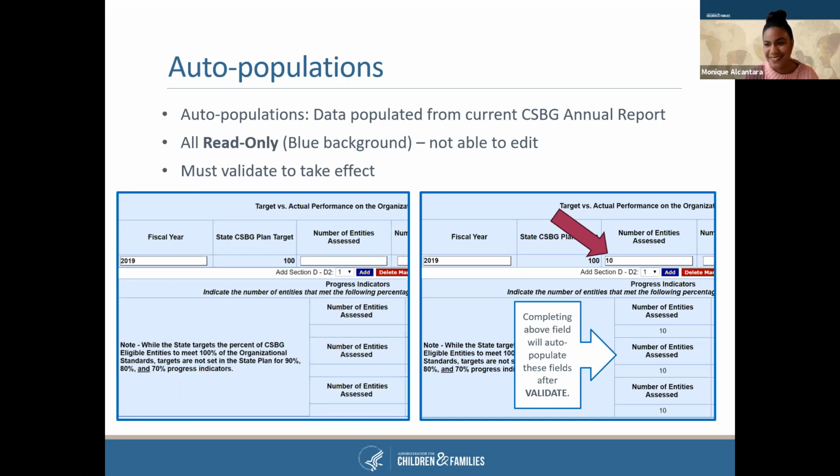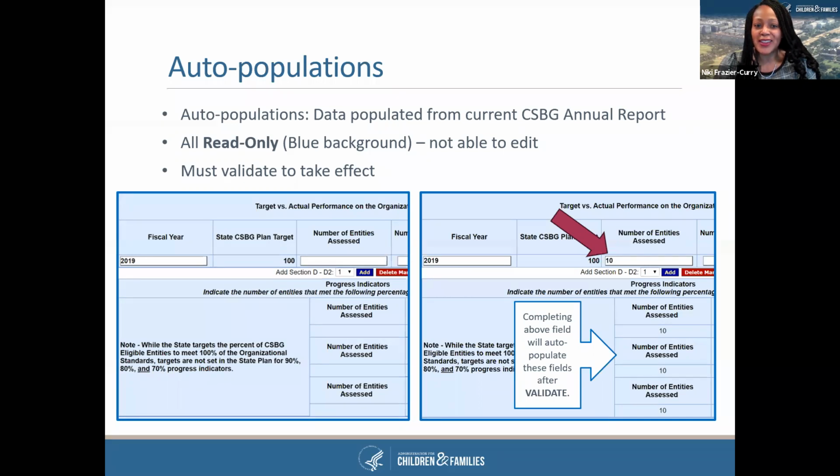There are times when grantees open up and they begin to fill out the information and it's not auto-populated, and then it clicks, hey, isn't it supposed to be auto-populated? So to avoid that, you should be able to quickly recognize that your module 1 is not auto-populated, and please contact Monique and I, as Monique just stated.